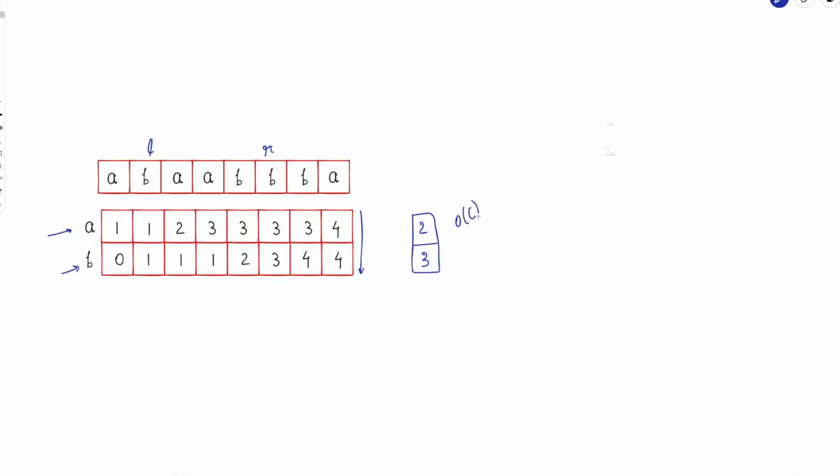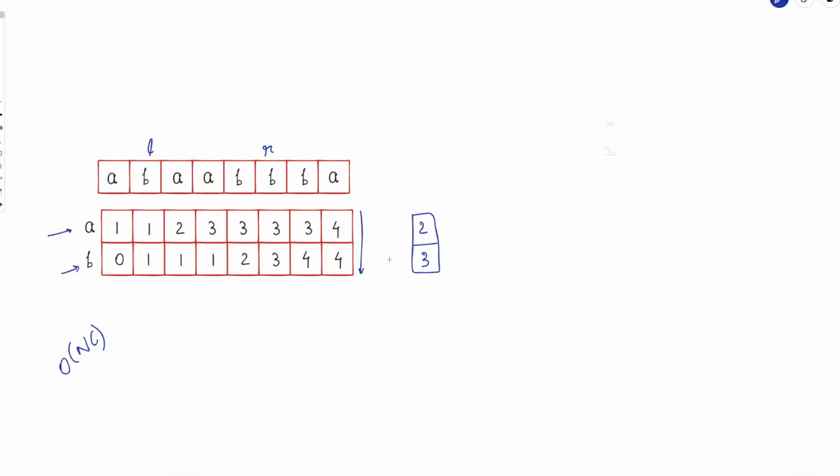But to get to this order C time, you need to build this array, and building it will take order n into C time. Why? Because you are iterating over the entire array for every character at least once, right? So building this entire array would take order n into C time, and order n into C space as well, because you are storing this entire array, right?